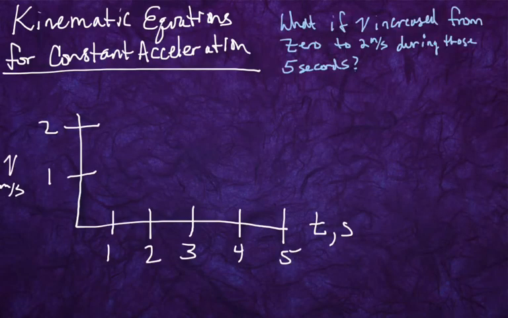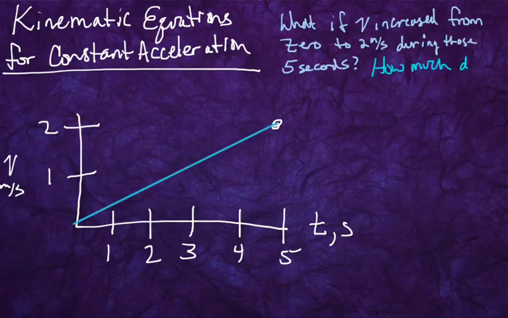There's our graph again. So what if our velocity is increased from 0 to 2 meters per second during those 5 seconds? So if we have a changing velocity, let me step back a little bit.